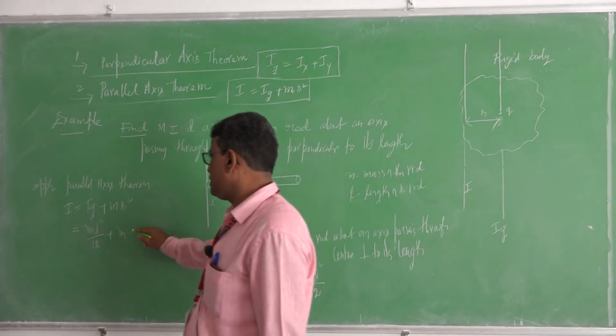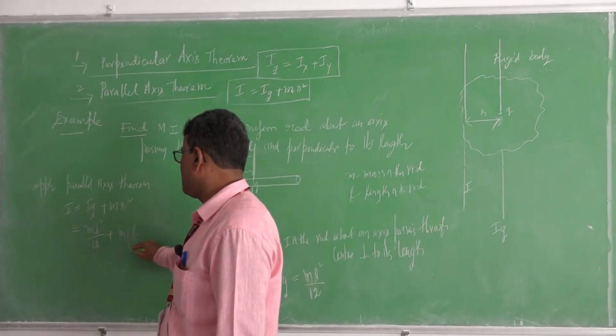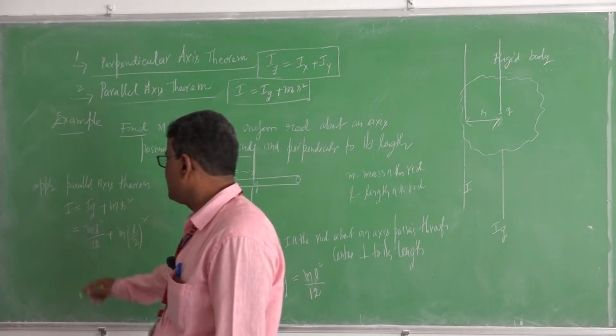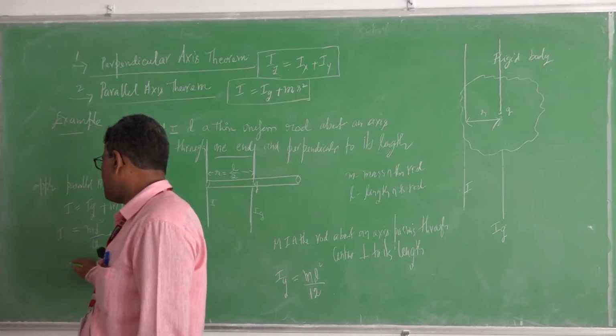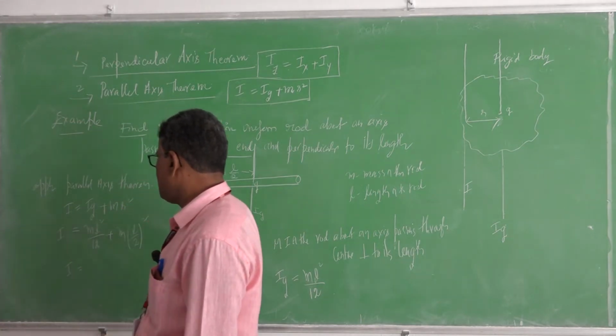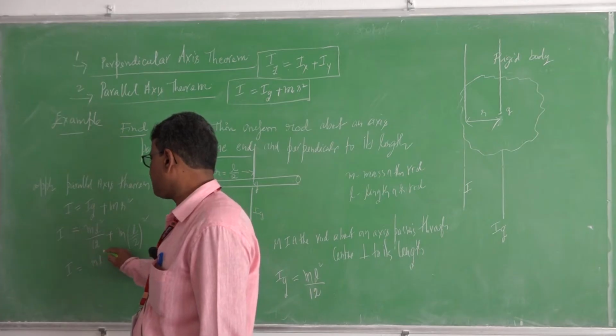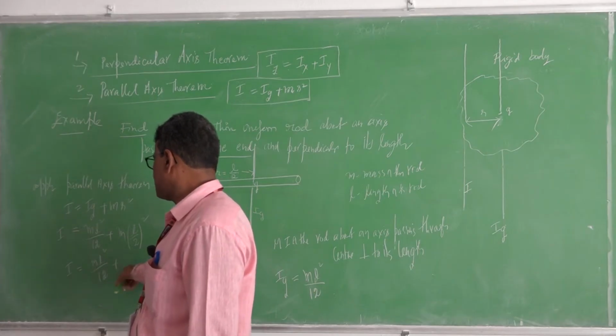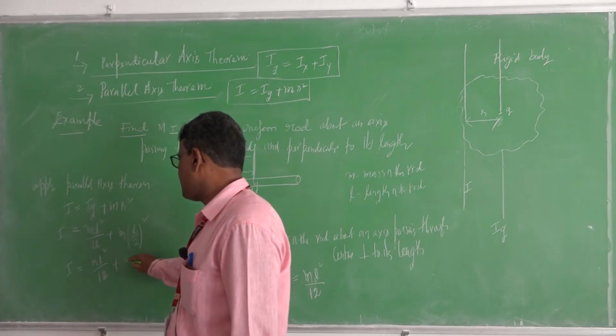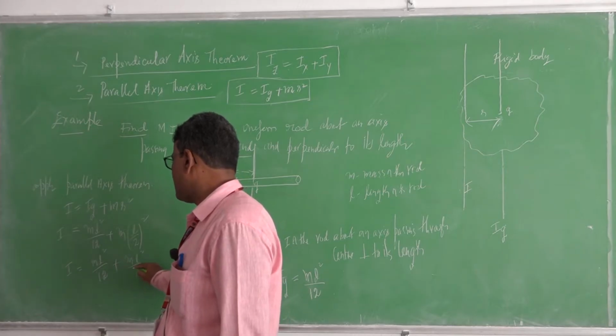The perpendicular distance between them is L by 2, whole square. So I is equal to ml square by 12 plus ml square by 4.